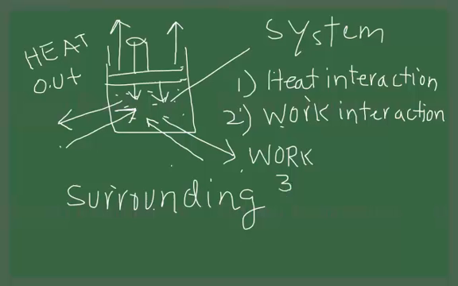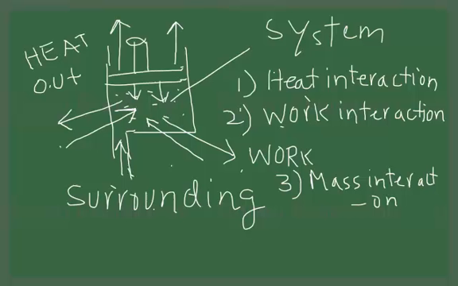Third interaction is called mass interaction. Mass interaction means that mass can flow from surrounding into the system and from system into the surrounding in both directions. For example, if we have an opening here like this, so through that opening mass can flow inside, or it can also flow outside.